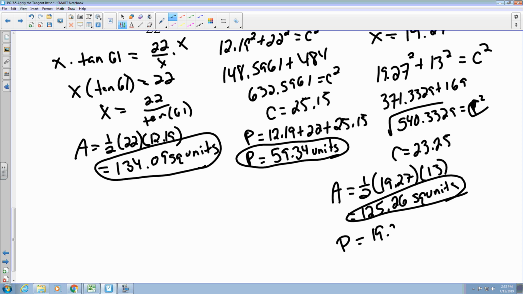So I got 19.27 plus 13 plus, and I believe the last one was 23.25. So 19.27 plus 13 plus 23.25, and that gives us a total of 55.25 units.